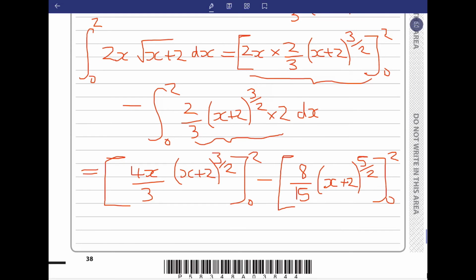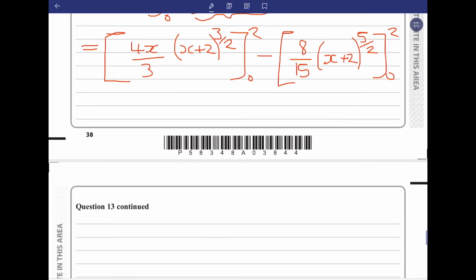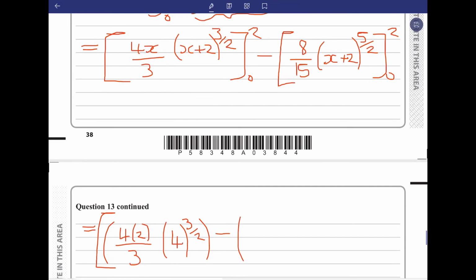Now we can bring these two together if we want, but I'm just going to do them separately because that's fine. So the first term, we get 4 lots of 2 over 3, and then we've got 4 to the 3 over 2. Let's keep this nicely bracketed here. And then the second term is going to give us 0 because 4 times 0 is 0.